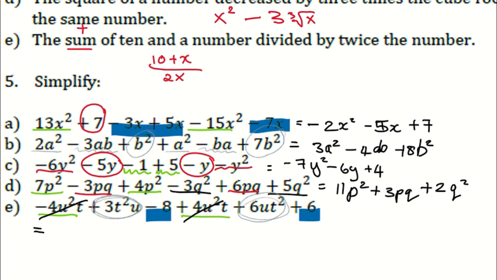Going on to the circled terms now, we have there plus 3t squared u plus 6ut squared. So that equals 9t squared u. And then minus 8 plus 6. I think the answer there is going to be plus, no, not plus, negative 2. Negative 2. Right.